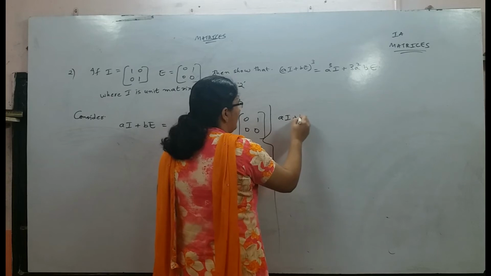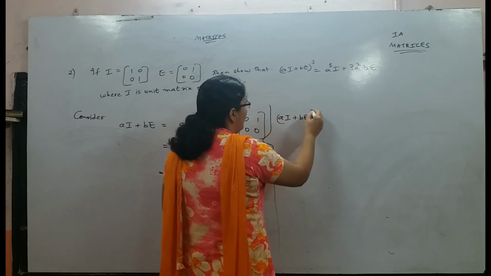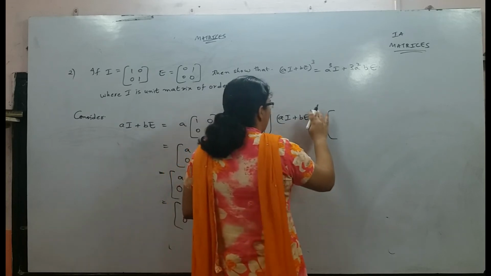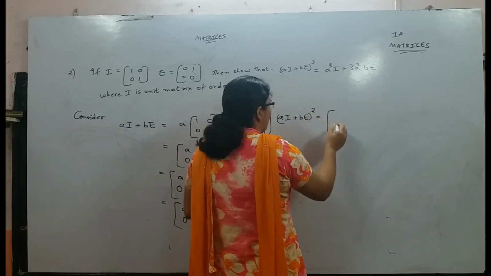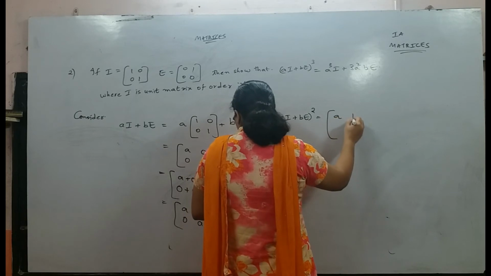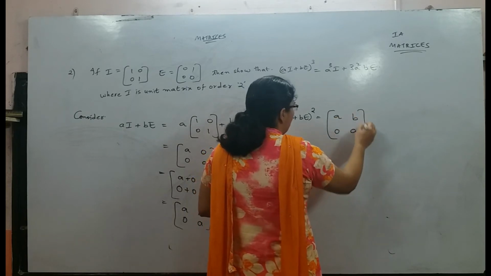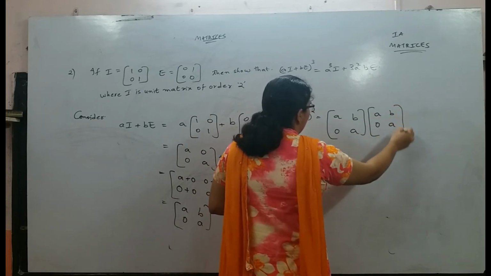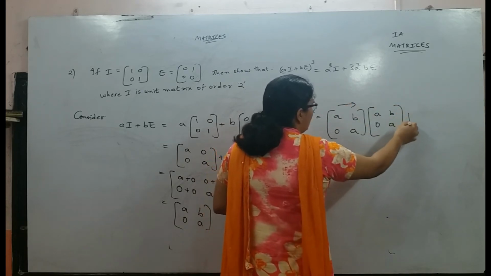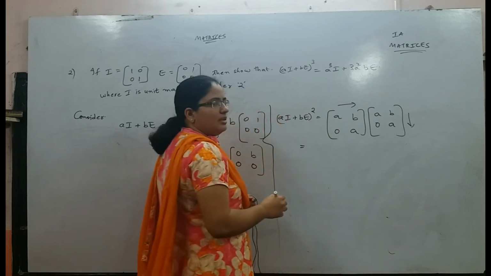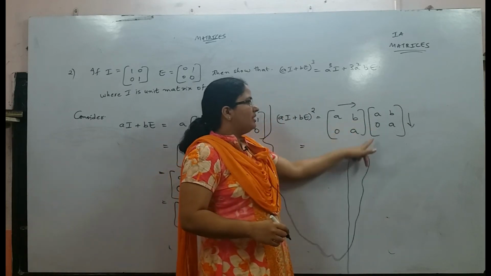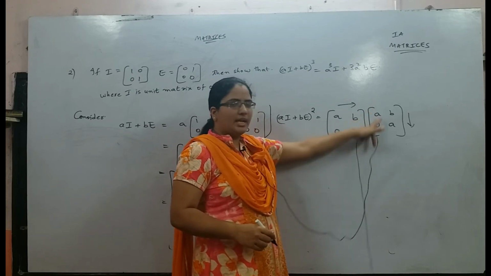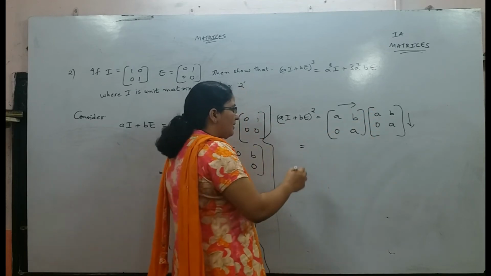First we will find AI plus BE whole square. AB0A into AB0A. Again you have to multiply rows with columns. Here, first row first column, first row second column, second row first column, second row second column. That is how you have to multiply.